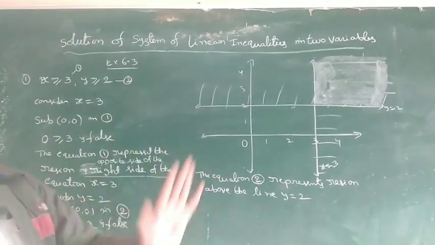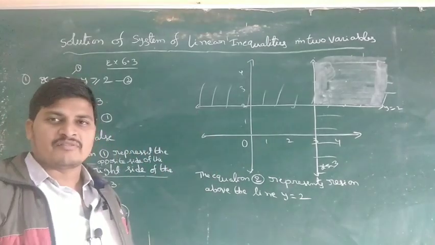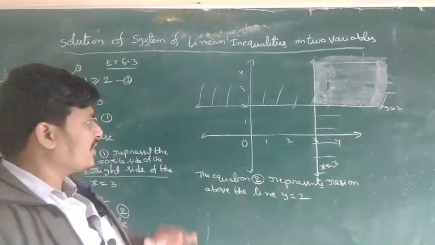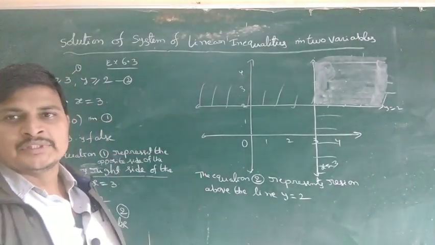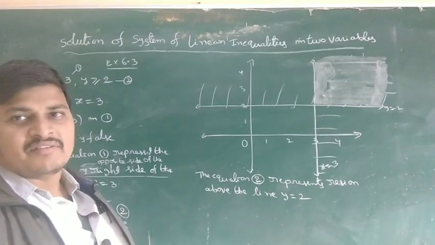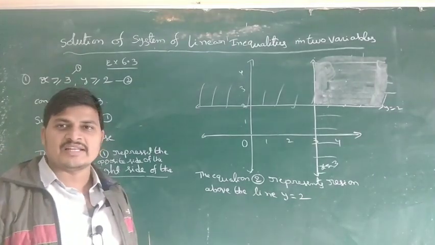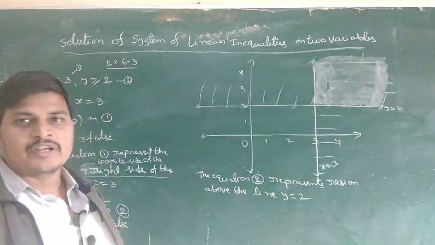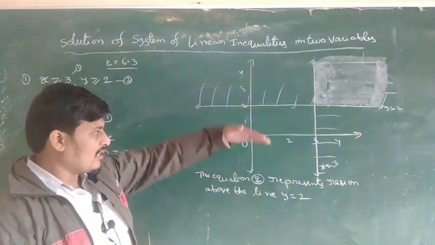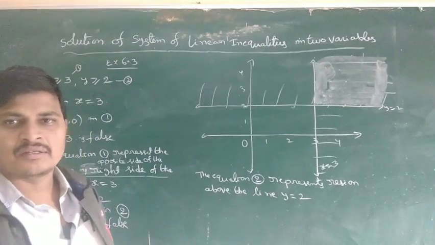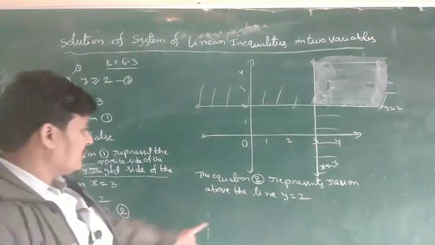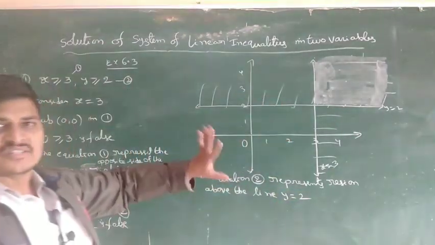For y is equal to 2 or y is equal to minus 2, this type of equation is above the line or below the line. If other equations are given, like 2x plus 3y less than 2, this type of two-variable equation is compulsorily origin side or opposite the origin side. Are you clear?